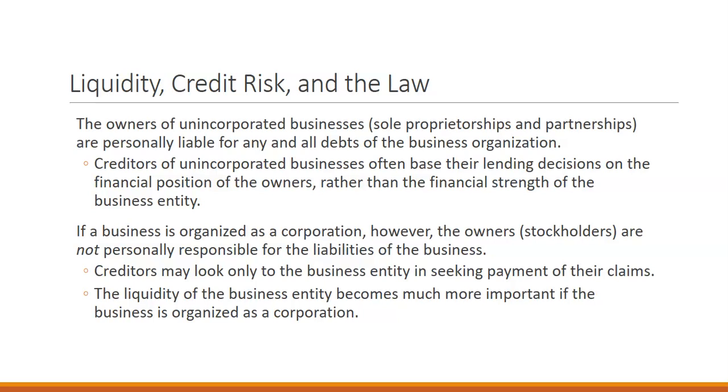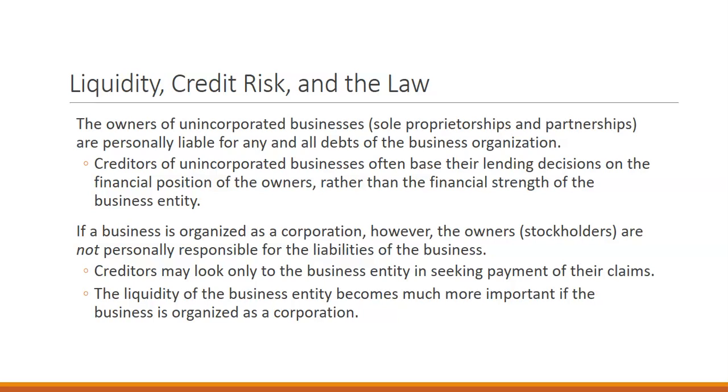So for our credit risk and the law, we remember that the owners of corporations are not personally responsible for the liabilities of the business, whereas in a sole proprietorship and a partnership, we are personally liable for any and all debts of the organization. So creditors lending us money to a sole proprietorship or a partnership usually look at the financial position of the individual owners rather than the financial strength of the business itself.